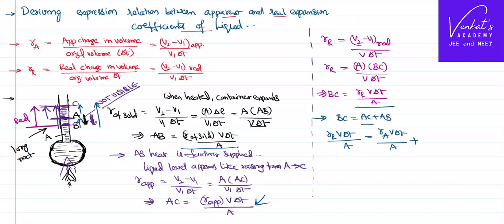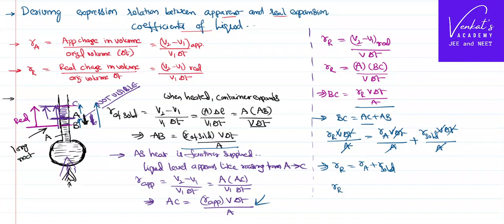I know the value of AB also, gamma of the solid container into volume into delta T by area. So areas of cross section are common, delta T's are common, initial volume is also common, all of them get cancelled. You get gamma R equal to gamma A plus gamma of solid.